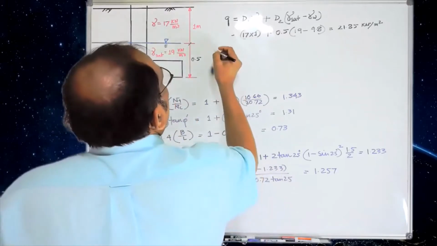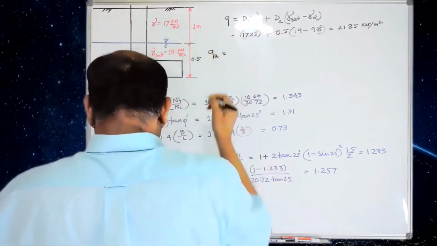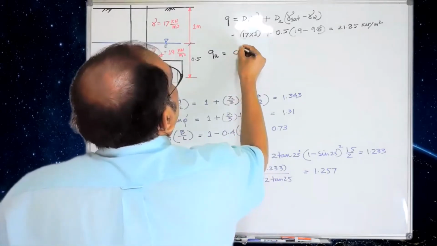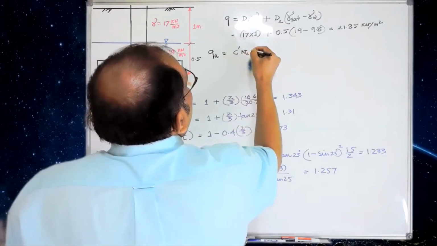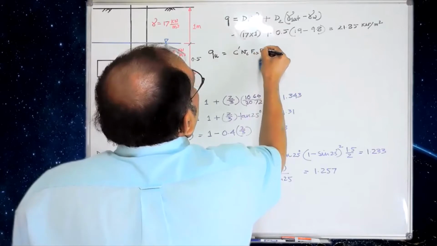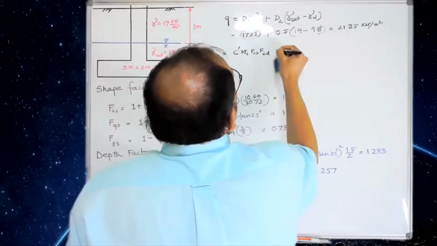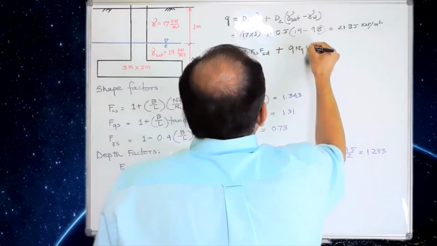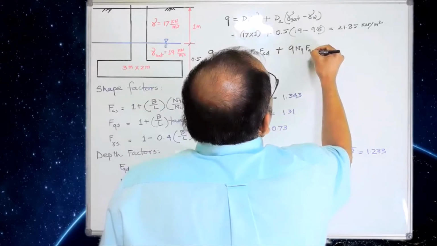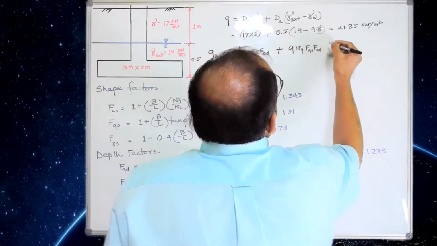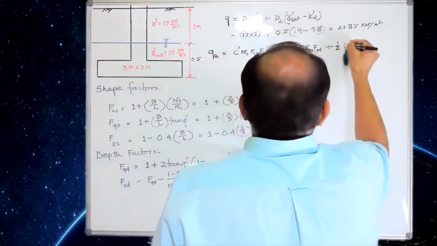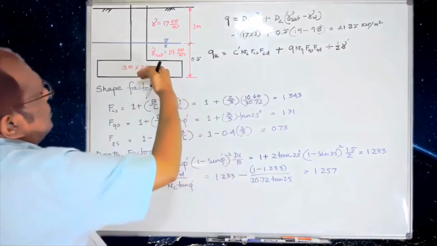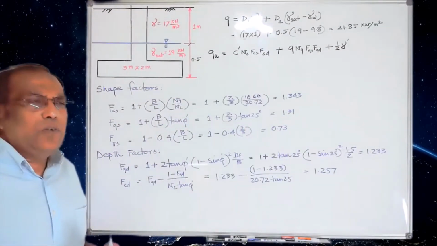So our bearing capacity qu is basically c prime Nc Fcs Fcd plus q Nq Fqs Fqd plus half gamma prime, because the foundation here is actually under the groundwater table.